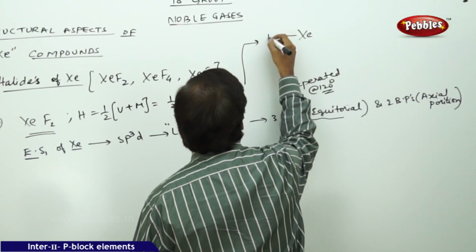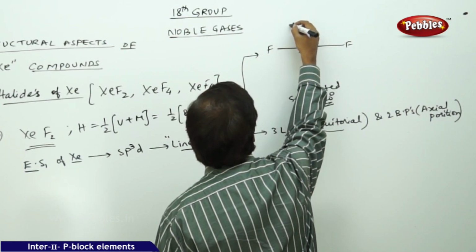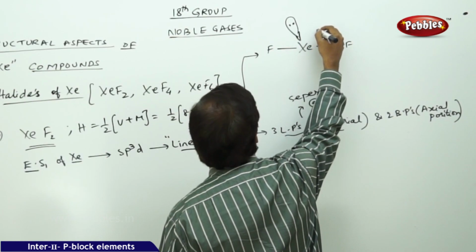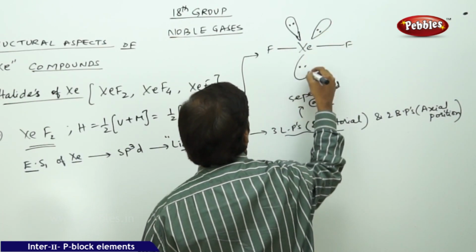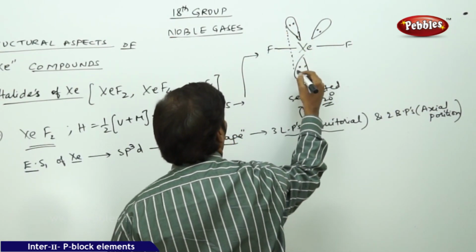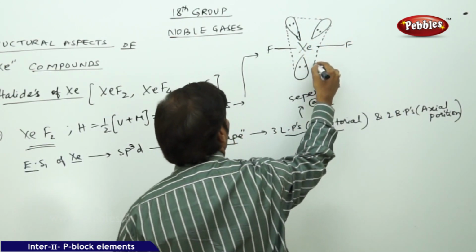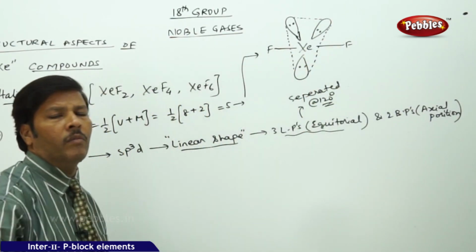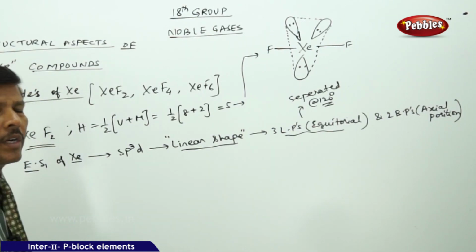I can take 2 fluorines in the same plane, and the rest of the 3 lone pairs occupy the equatorial position like this. They are in the trigonal bipyramidal plane, but because they are 120 degrees apart, the repulsions operating between the 3 lone pairs in xenon difluoride are quite negligible.